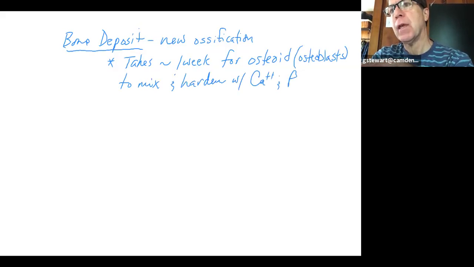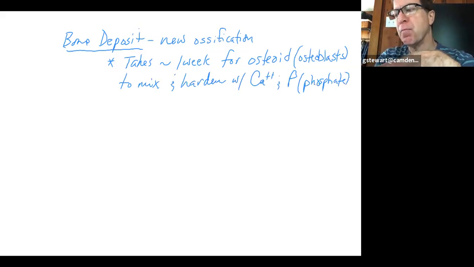So I'm going to put a big P in parentheses, I'll write phosphate. So calcium and phosphate are the two major players in the inorganic minerals that harden bone.